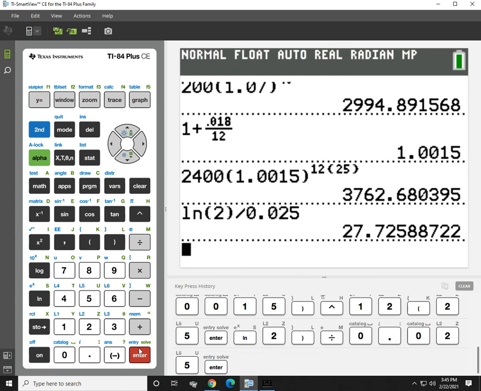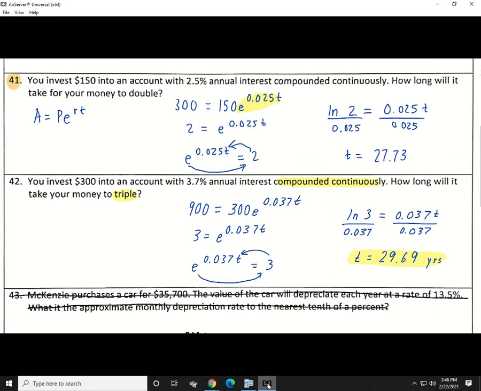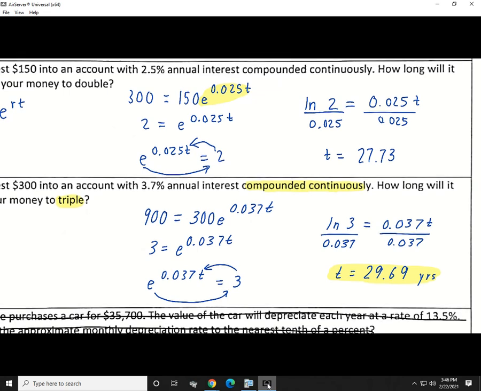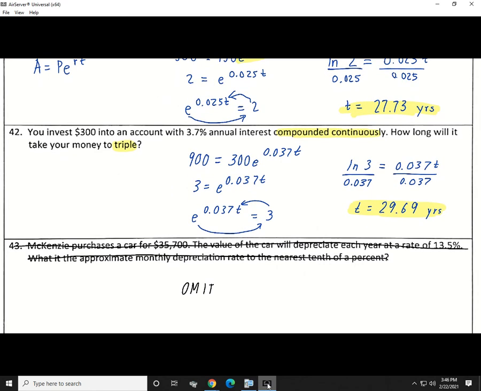So 27.73. And the question said it's in years, compounded continuously, so that's going to be 27.73 years. Not very good, right? To go from 150 to 300. Bad percentage.